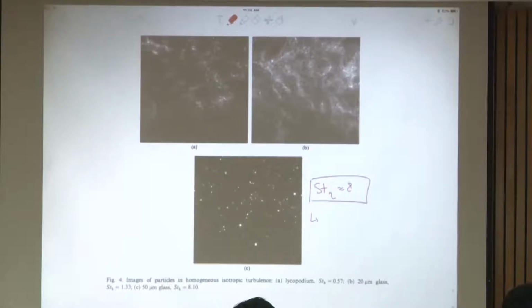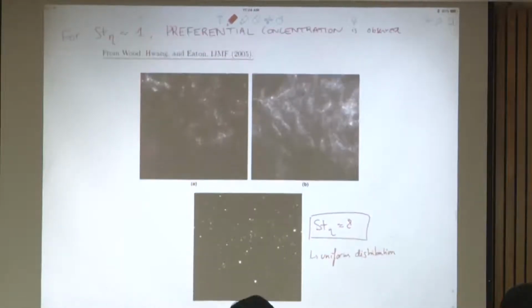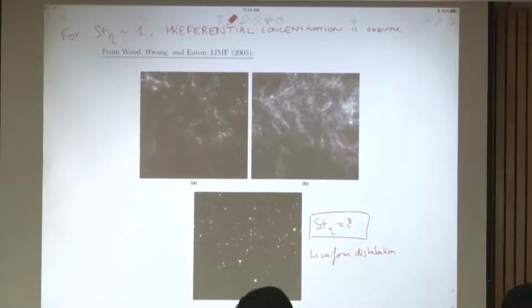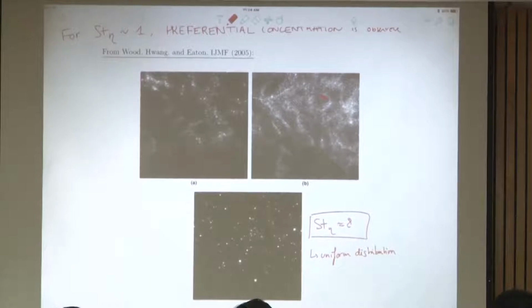The result is essentially a uniform distribution. There's nothing particularly striking about the distribution of particles. Once you go around 1, though, there's something very, very clearly striking. And I'll highlight it here, that there's regions where we have way more particles.